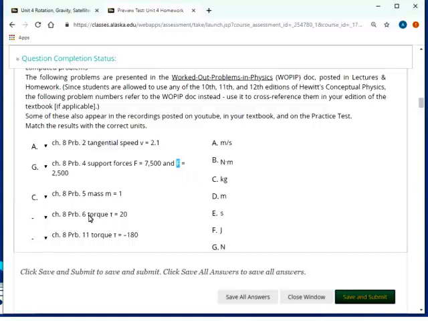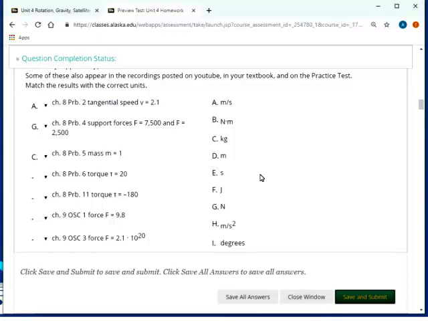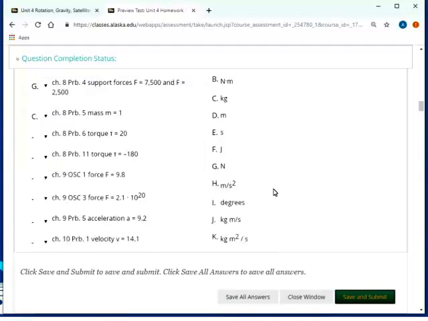But of course, the lowercase t is time, so we need something else for torque. So physicists figured that for something that's rotating, let's use Greek letters. So that's why you see the strange looking T here, which is actually the Greek letter tau. And then so on. So I really urge you to go through these worked out problems, work through them, and then match up here. So I'm not going to give the rest away. You look it up.